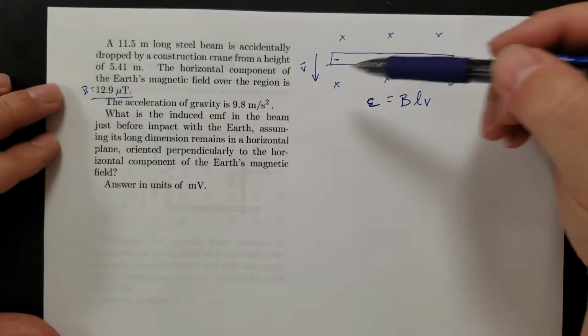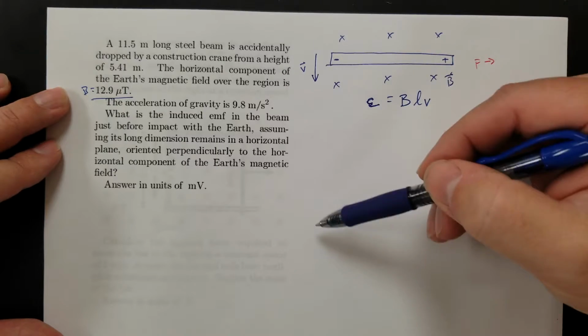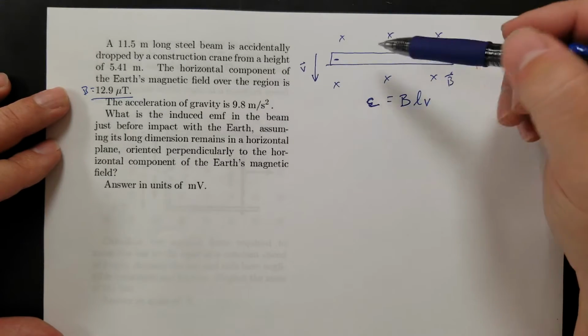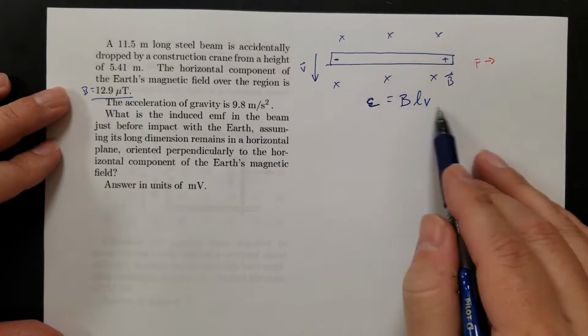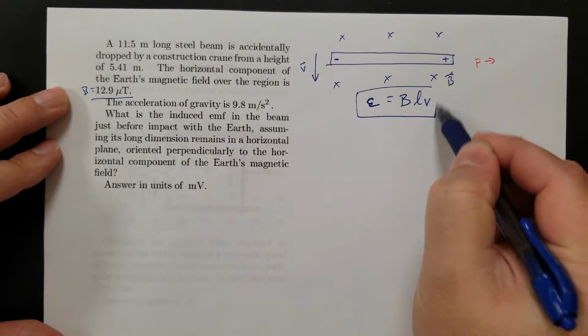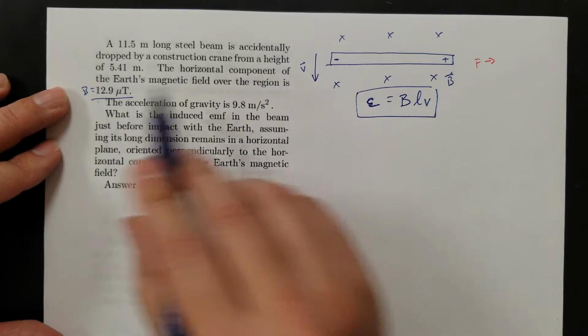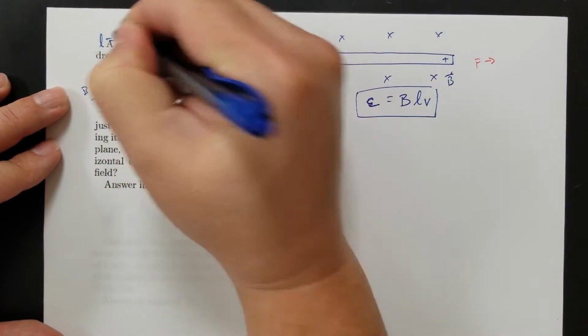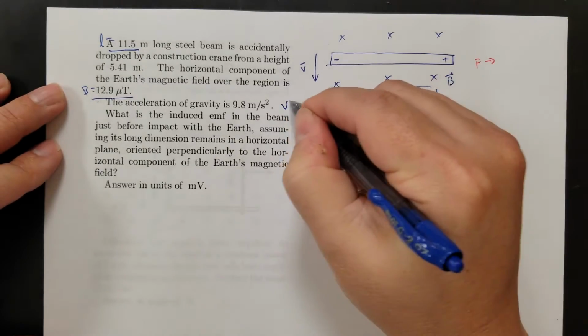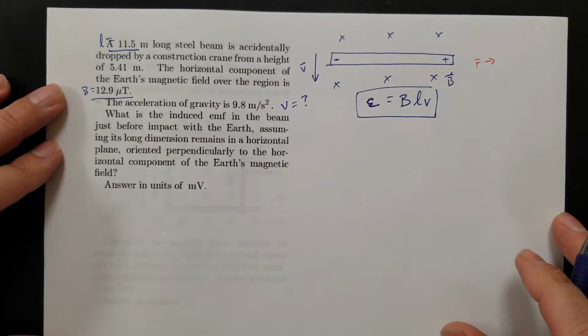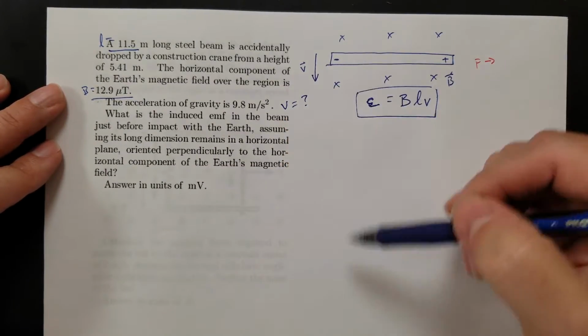The thing with this one is that it's accelerating as it falls, because it falls from rest and then it gets faster. So this is kind of like a free fall problem before I can solve this. Here's the equation I need, and I know B and I know L. L is 11.5. I just need to figure out what the velocity is. So to do that, I have to treat this like a free fall problem.